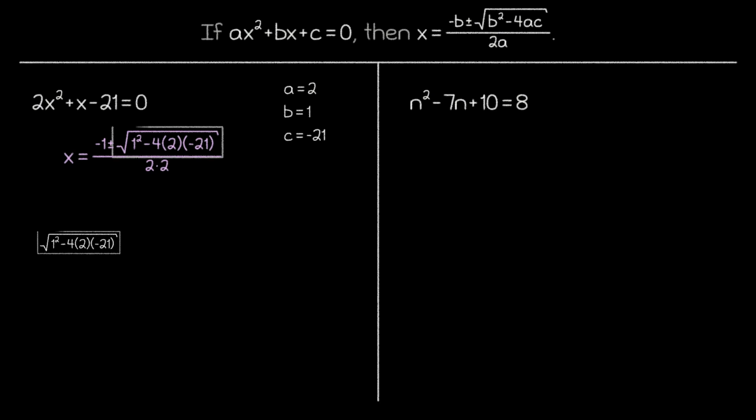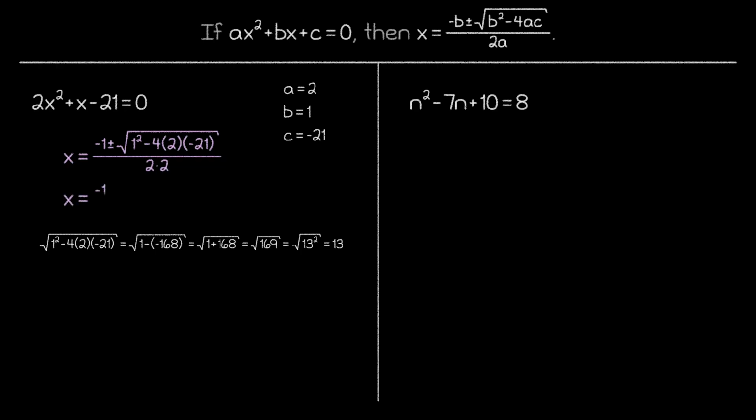Inside the square root, the product of 4 and a and c is going to be negative 168. But since we're subtracting that value from 1, we end up doing 1 plus 168, which gives us 169. This is a square number, so our square root evaluates to an integer, which happens to be 13.